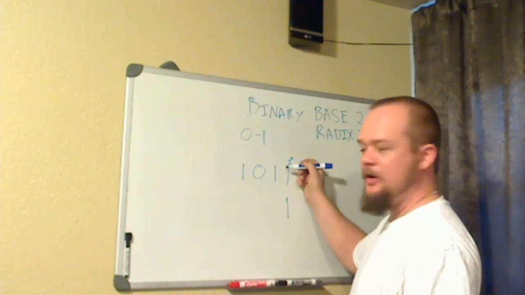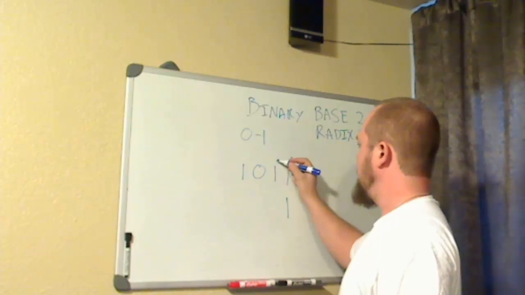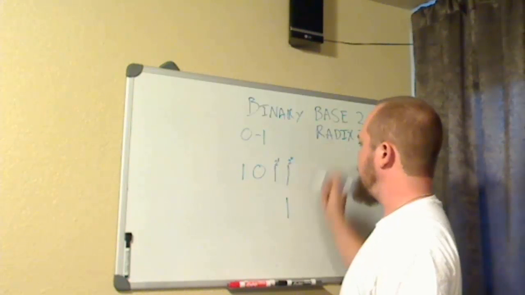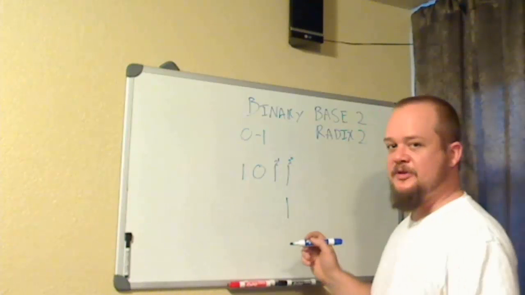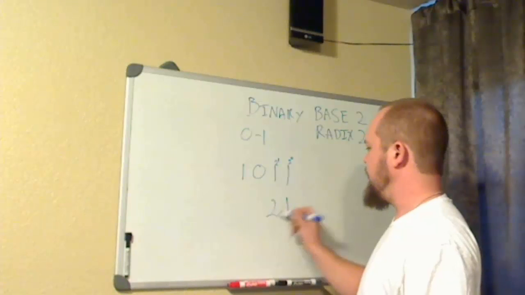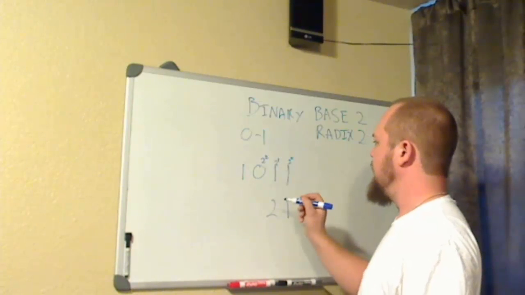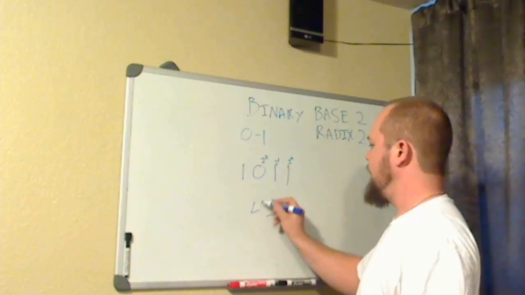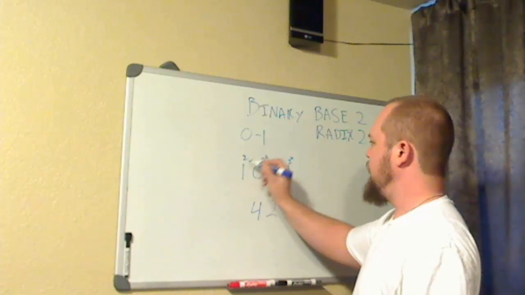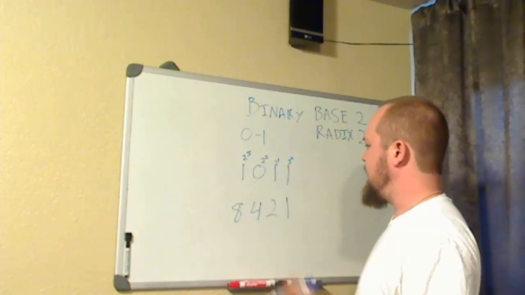Any non-zero number raised to the 0 power is always 1. 2 raised to the first power is always the same as the number itself. So 2 raised to the first power is 2. 2 raised to the second power, that is 4. 2 raised to the third power, which is 8.